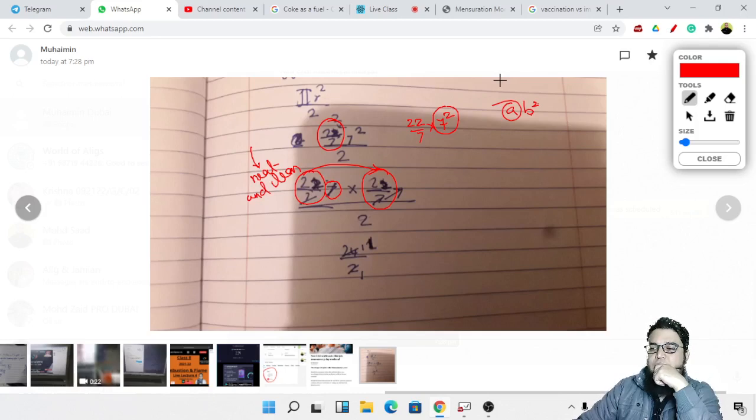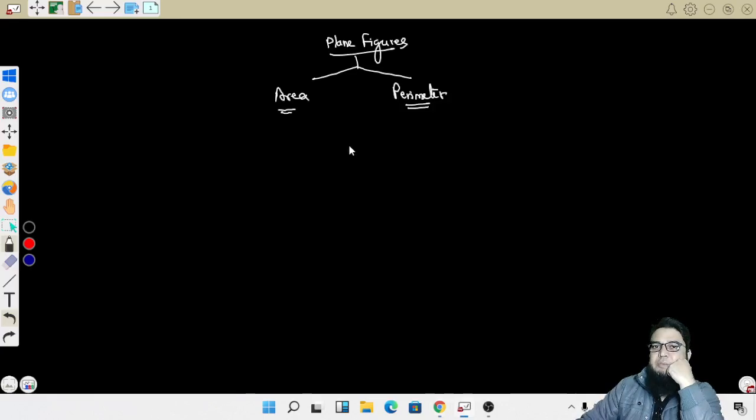Then pi r square by 2. That is a simple calculation. Pi r square by 2. That means 22 by 7 into 7 into 7 whole upon 2.